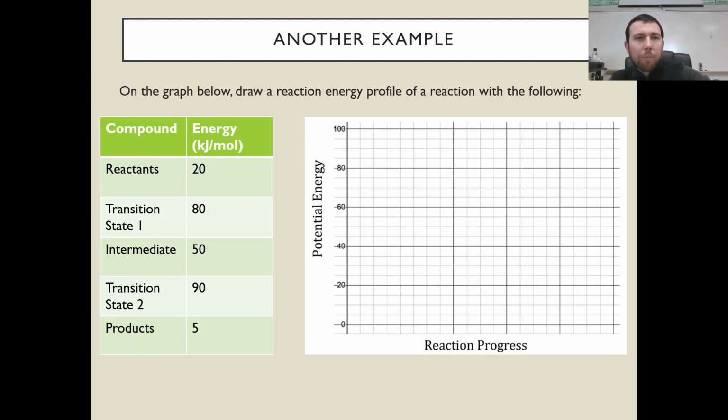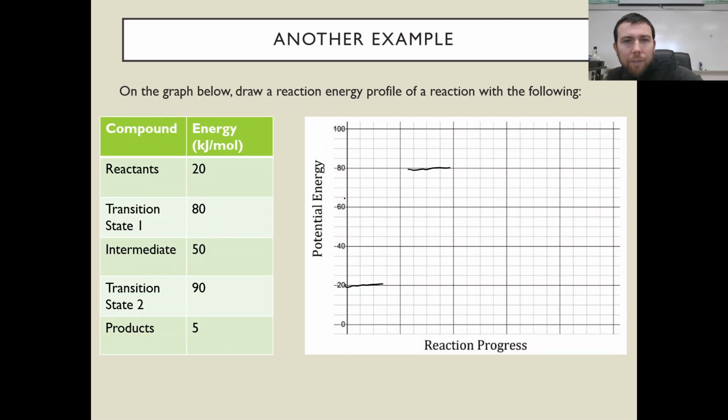And I'm just going to start by plotting the information that we have here, right? So we've got the reactants are at 20 kilojoules per mole. So I know that I've got something right there. My first transition state is at 80 kilojoules per mole. So that means it's somewhere in here. My intermediate is at 50.